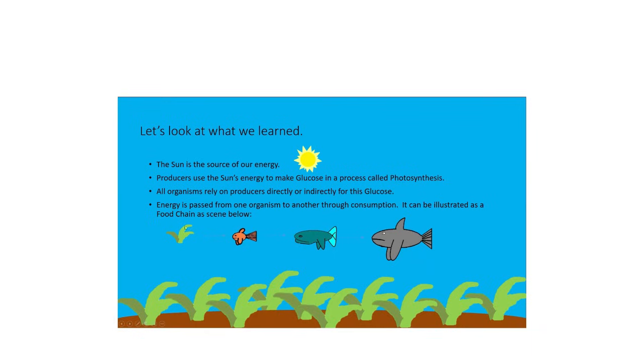So we're going to give these names. The first consumer we're going to call the primary consumer. The second consumer we'll call the secondary consumer. And the third consumer we will call the tertiary consumer. Primary means first, secondary means second, and tertiary means third.